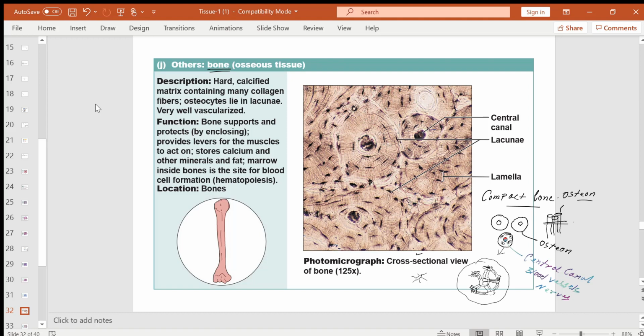move. And why is it important? The osteocytes, the bone cells, are located inside, right? So they need nutrition and oxygen because they are alive.